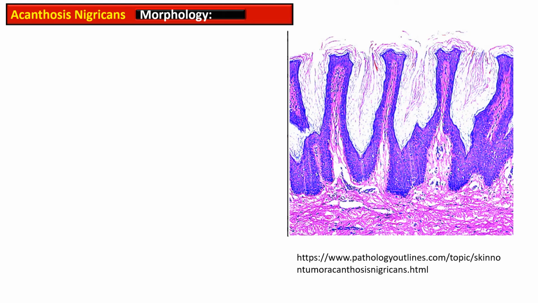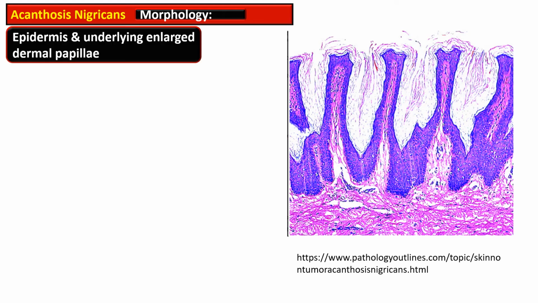Now the histopathological appearance of all forms of Acanthosis nigricans is the same. The epidermis and underlying dermal papillae are enlarged, and they undulate sharply to form numerous repeating peaks and valleys, as is clearly seen in this photomicrograph.